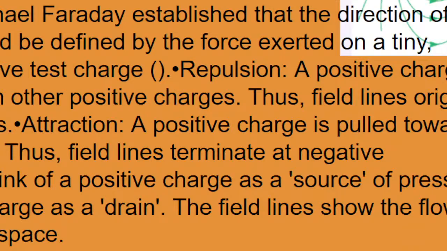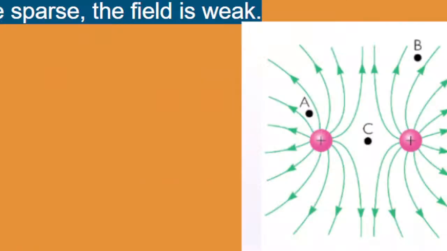The rule is you have a hypothetical positive charge. A positive charge is pushed away from other positive charges, so it moves away, and it is drawn closer towards a negative charge. So field lines terminate at the negative charge and are produced from the positive charge. So the positive charge is treated as a source, the negative charge is treated as a sink.